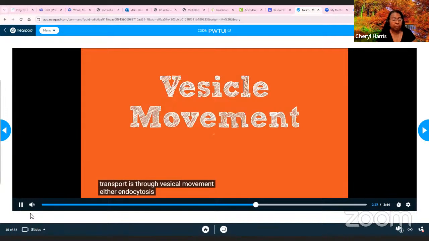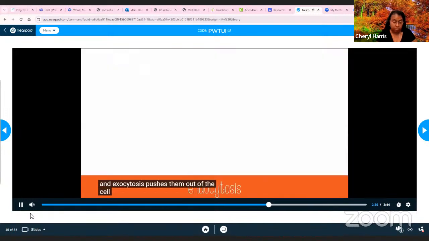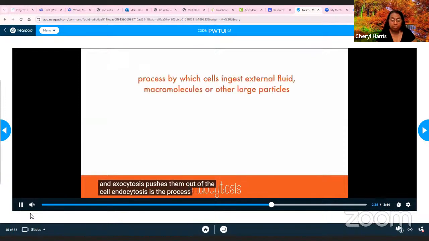Another way that cells do active transport is through vesicle movement, either endocytosis or exocytosis. Endocytosis brings items into the cell, and exocytosis pushes them out of the cell. Endocytosis is the process by which cells ingest external fluid, macromolecules, or other large particles, even other cells. We can be more specific about what materials undergo endocytosis.